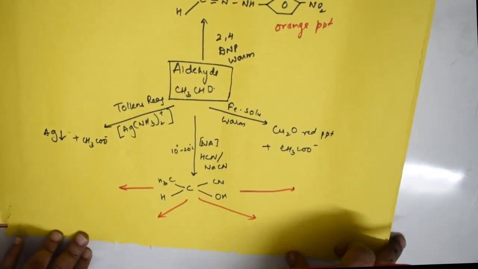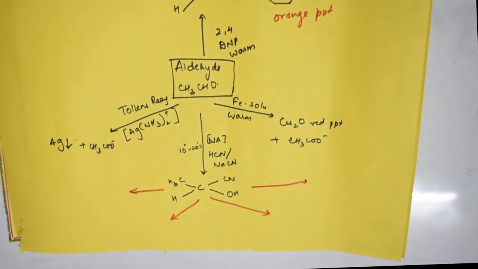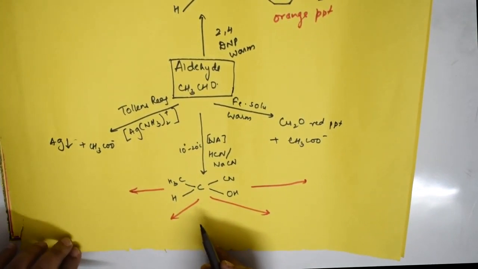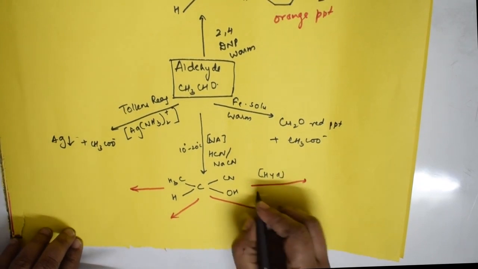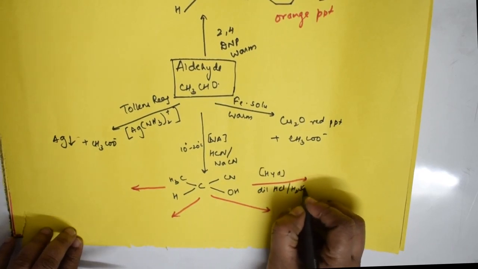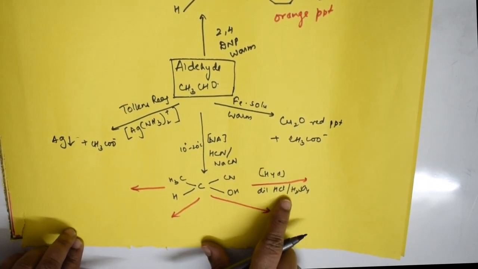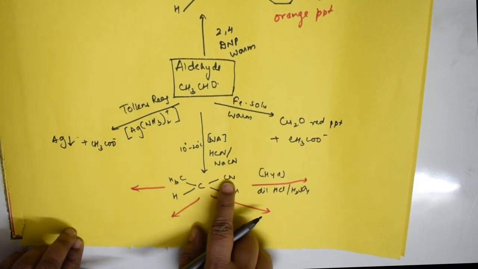The same cyanohydrin, is it visible students? Suppose I perform hydration and introduce dilute HCl and sulfuric acid, what product do I get? Everything is the same, but here you are adding hydrogen, means hydration, water is added.